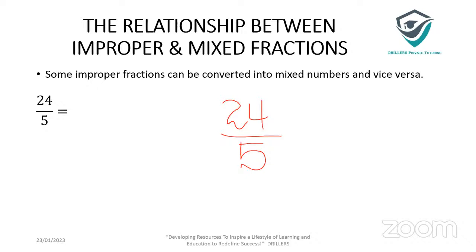A prerequisite of doing fractions and conversion of fractions is times tables. You have to be very good with your times tables in order for fractions to be a little easier. If we know our 5 times table, we know that 4 times 5 is 20, and 5 times 5 is 25. So 5 can only go into 24 4 times.